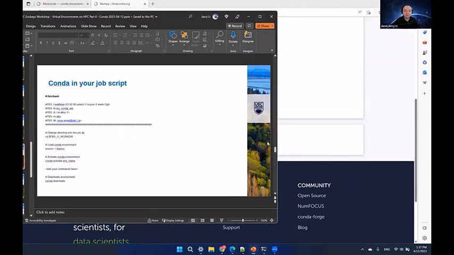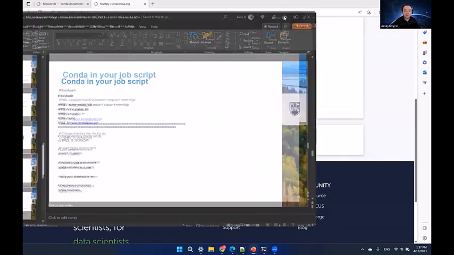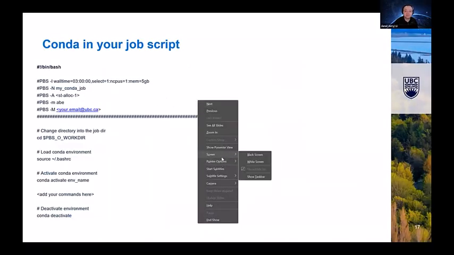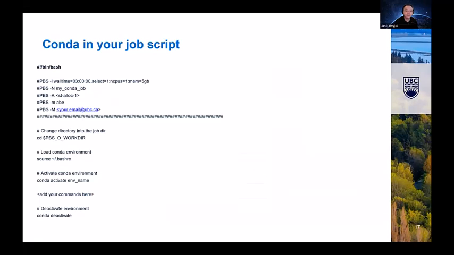Okay, so now to run your job in Sockeye, what you need to do is specify the wall time, select the node, choose how many CPUs and memory.